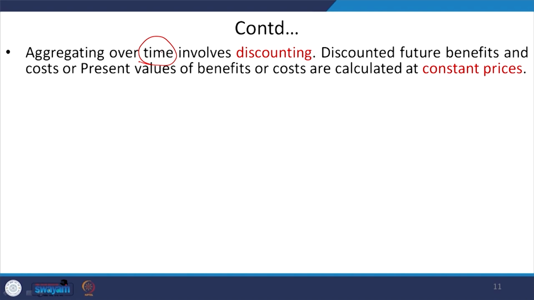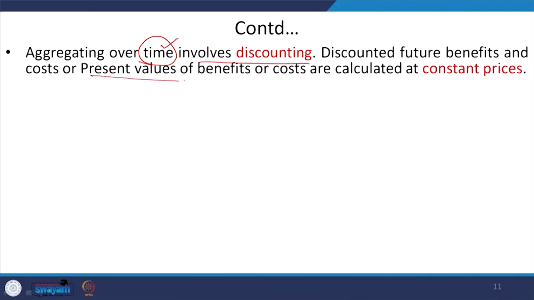When we say we are treating time dimensions, that means it involves the discounting factor. So, what is a discounting factor? When we say the discounting factor is taken into account, it helps in converting the future values, future benefits or costs, in terms of the present one.